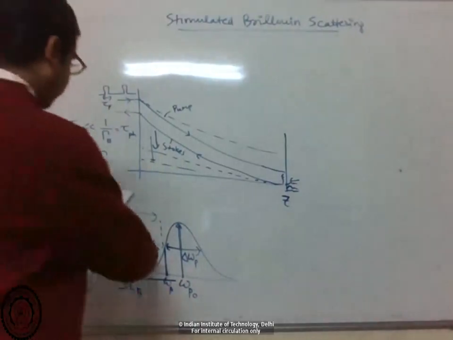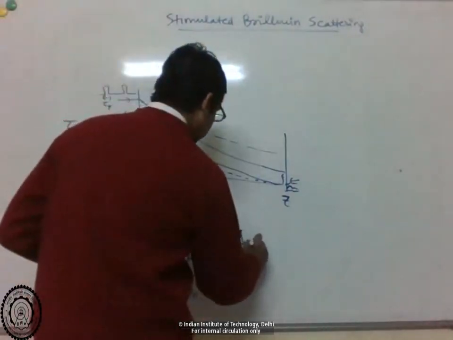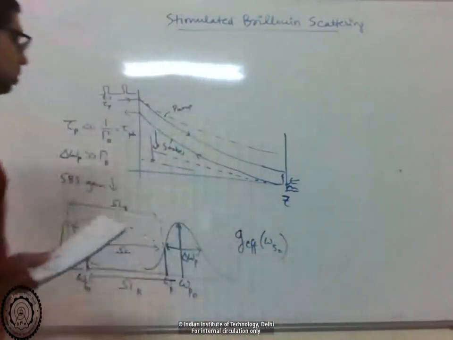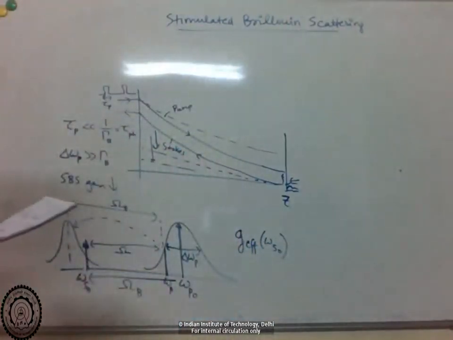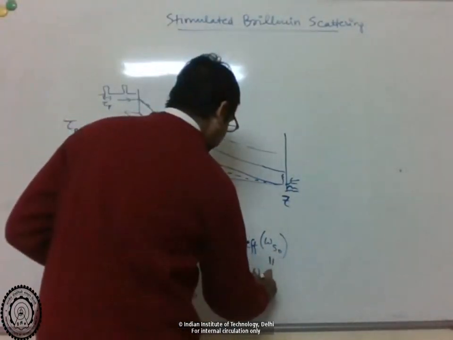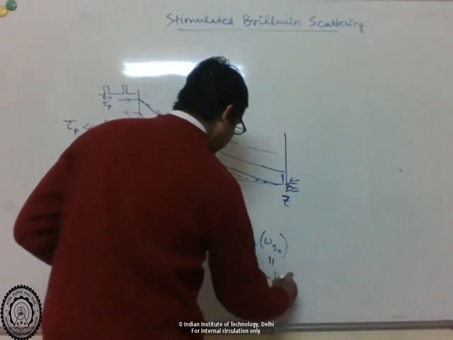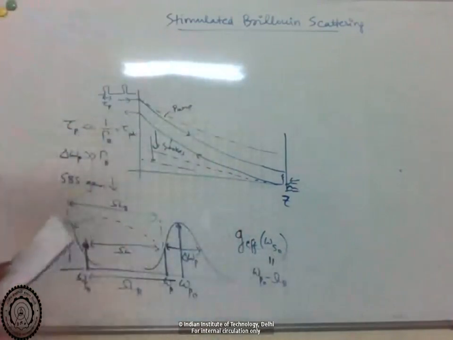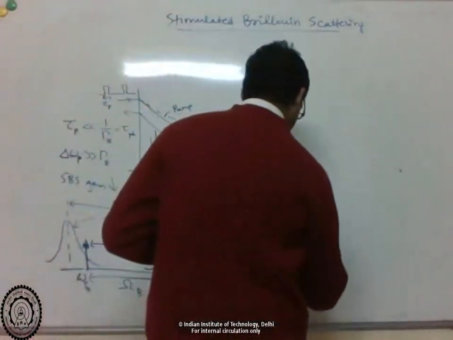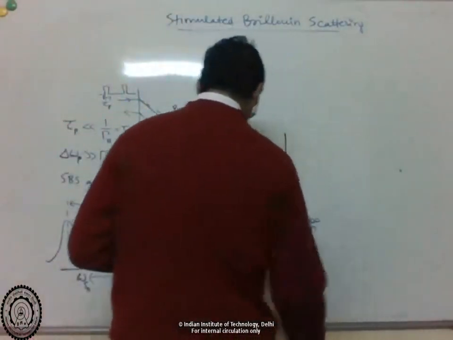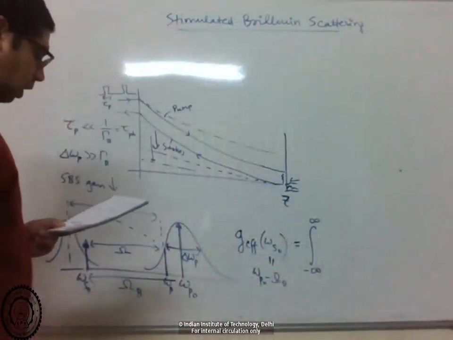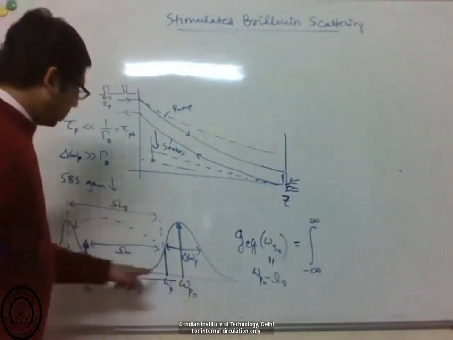So the effective gain seen at omega s naught, which is the pump center frequency minus the Brillouin shift, we can find by integrating the Brillouin gain over the pump bandwidth.